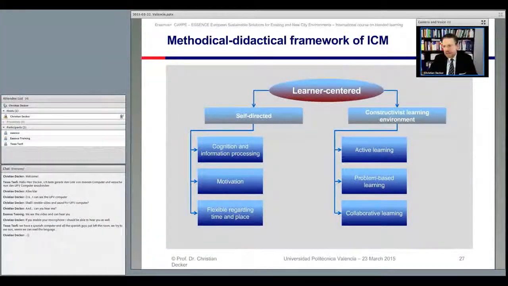Besides that, if we talk about constructivism, it has been said that it creates a constructivist learning environment because it enables active learning. It enables, in a special way, problem-based learning, because when you meet your students in class, there is more time that you can spend on problem-based learning, because you don't have to teach the basics. You don't have to get the content across to the students.